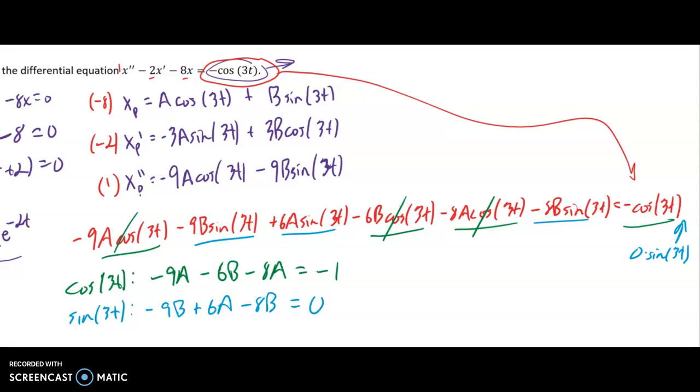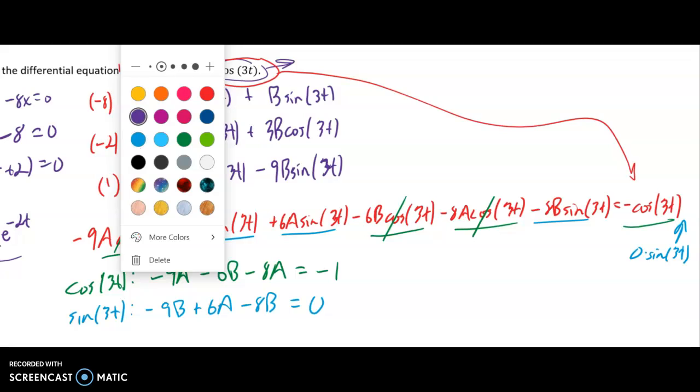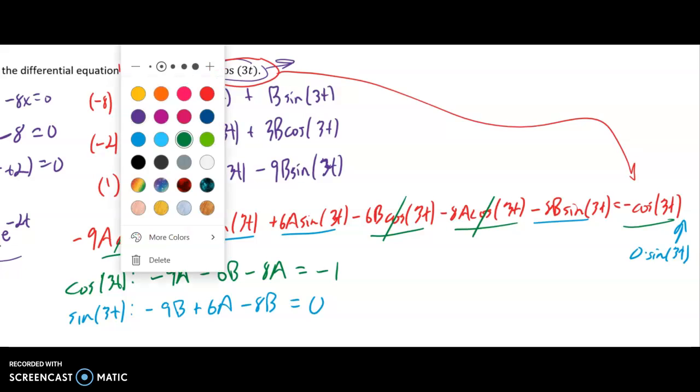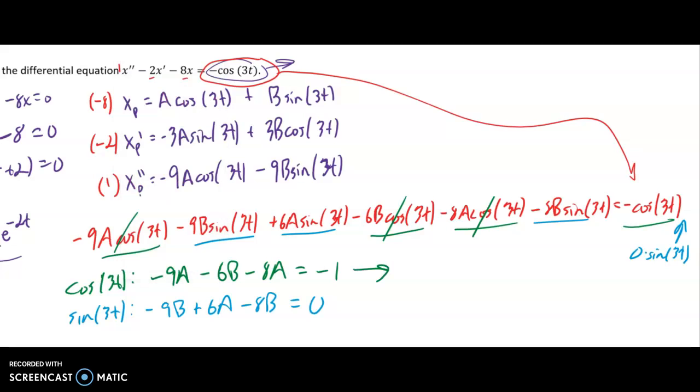So from here, we'll go back to purple. I'm going to turn this into a matrix. For me, I prefer to turn these systems, and actually before I do that, let me simplify this a little bit. So the green has, I've got a minus 9a and a minus 8a.